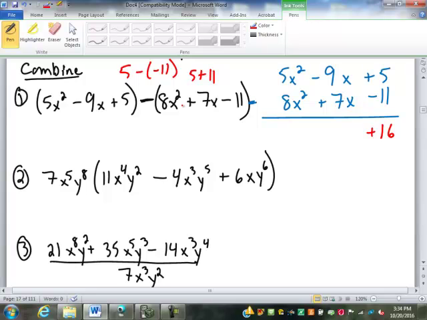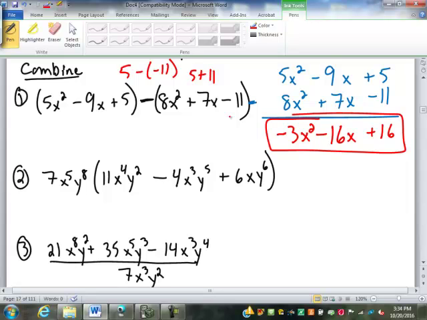Negative 9 minus 7 is negative 16x. And 5x squared minus 8x squared, 5 minus 8, negative 3x squared. So it's the negatives you got to be careful of there.